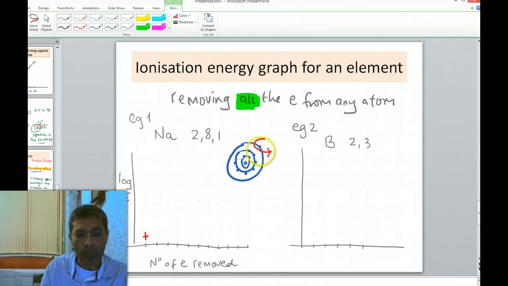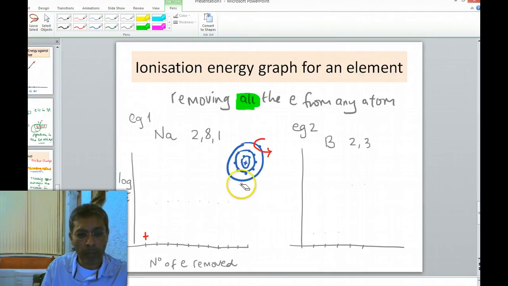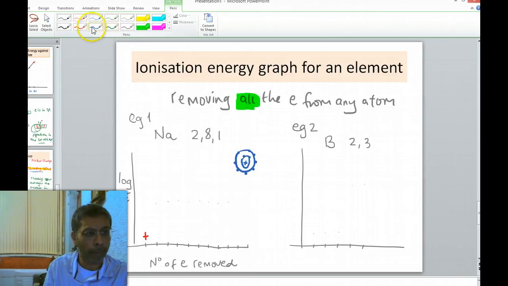Once you've removed that one electron, that shell is no longer available. It's gone. Now you've moved closer to the nucleus to remove the next electron. And therefore, because you move from one shell to the next shell, there will be a massive jump in ionization energy.